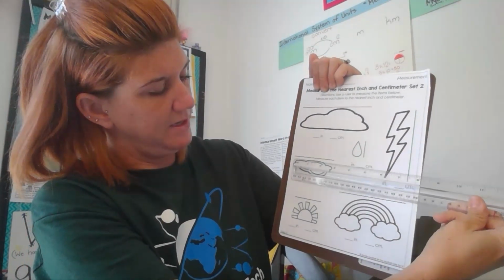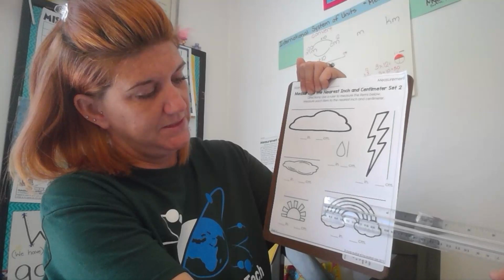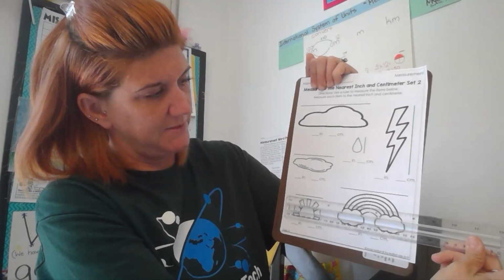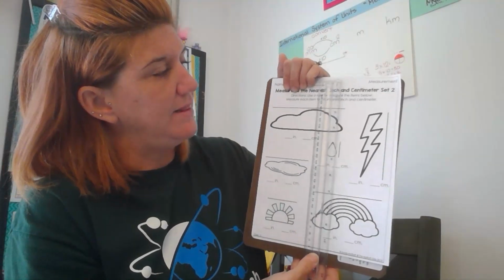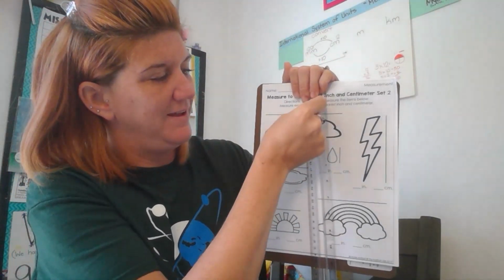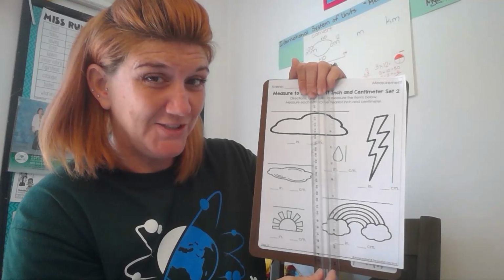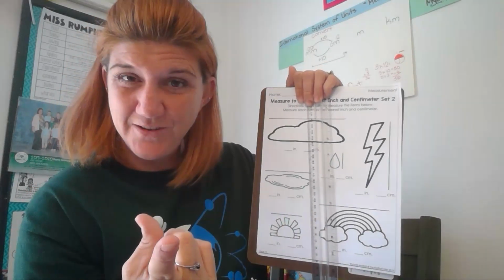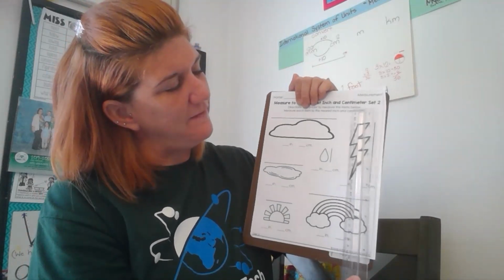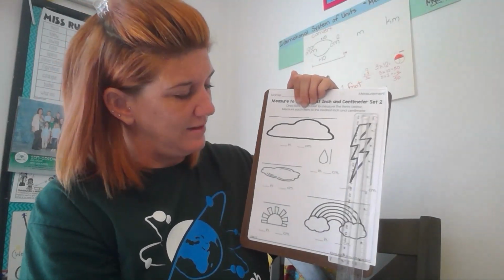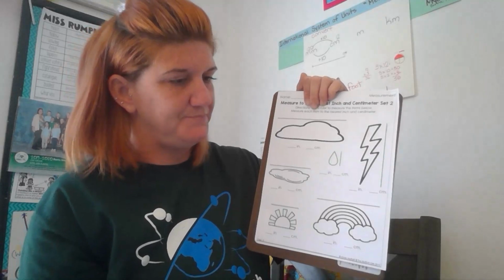This one comes back here. This one is this way, and this one is this way also. So the only two that you're going to hold your ruler in the horizontal or vertical, which one? It's vertical. You're only going to hold it in the vertical direction for the lightning bolt and the raindrop.